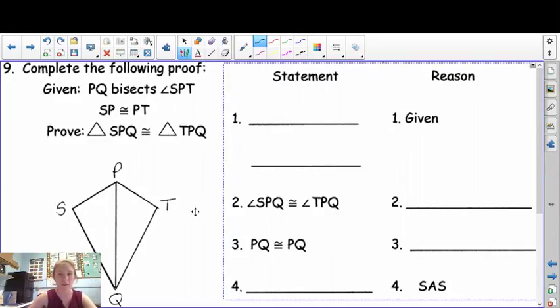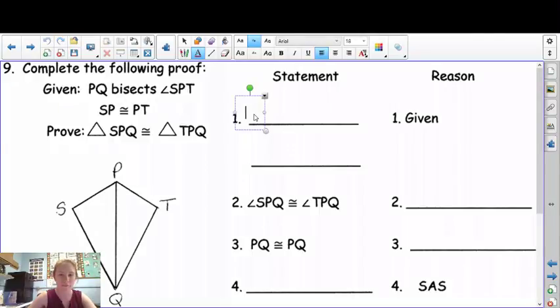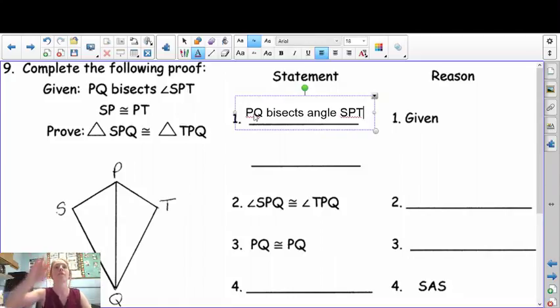So if I could, I would just copy and paste that over. So I'm going to type it. And I need this to not be such a large font. PQ bisects angle SPT. All right, guys, we'll be right back.